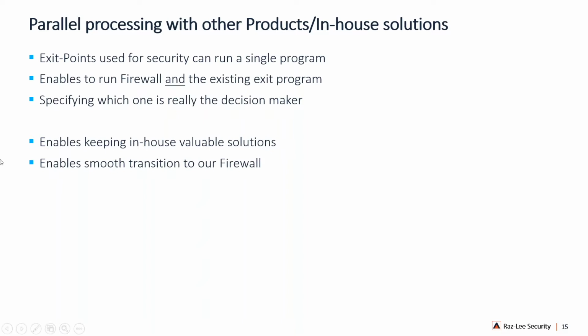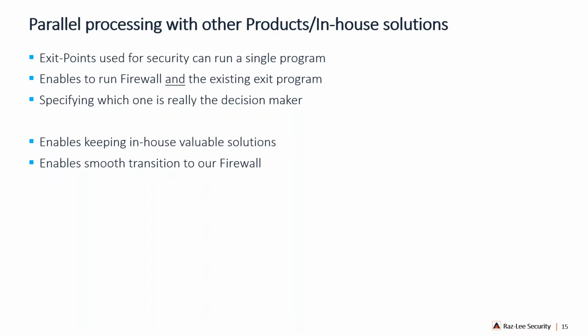And for that, we have the parallel processing, a feature which allows us to run our firewall in parallel with any other product or in-house solution, enabling us, the users, to decide which product takes the domination.